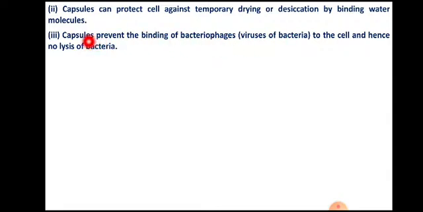So if a bacterial cell has a capsule, then these bacteriophages cannot bind to the bacterial cells, and if they are not able to bind, there will be no infection to the bacterial cell. If there is no infection, there will be no destruction of the bacterial cell. So this is how the capsule may protect bacterial cells from getting infected by viruses.